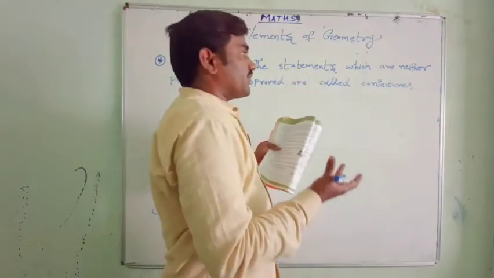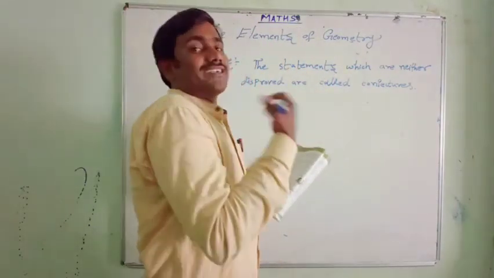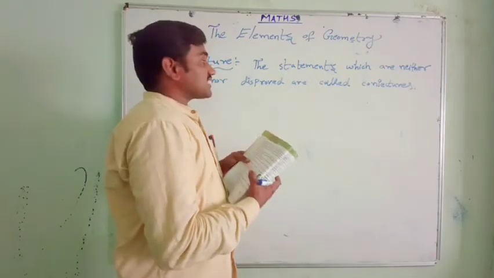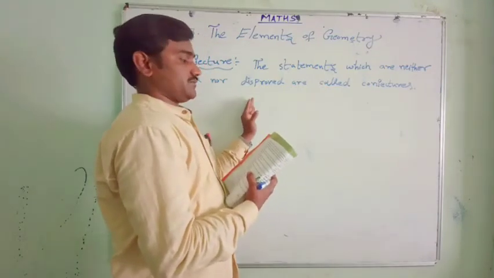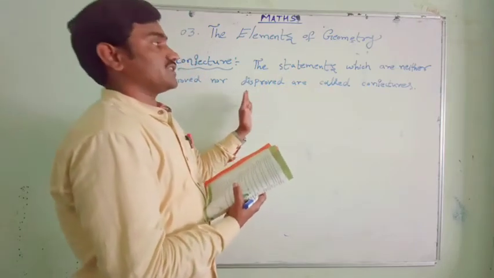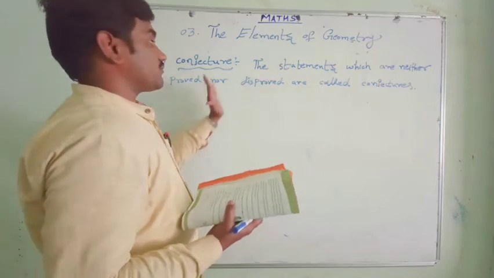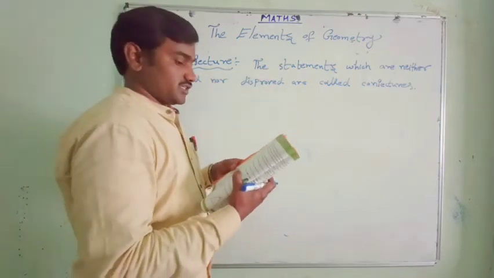That means we cannot decide whether it is proved or disproved. Sometimes it may be proved or sometimes it may be disproved also. That kind of statements are called conjectures or hypotheses. Statements which are neither proved nor disproved are called a conjecture.